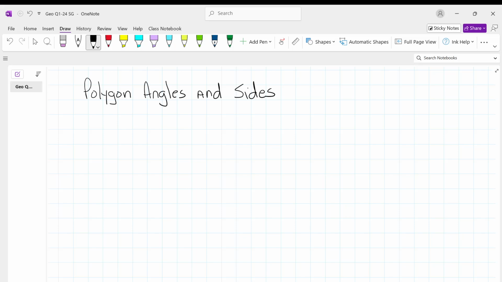And in your practice today, the first set of instructions that you're going to get are going to ask you to find the measure of each interior angle of the regular polygon.